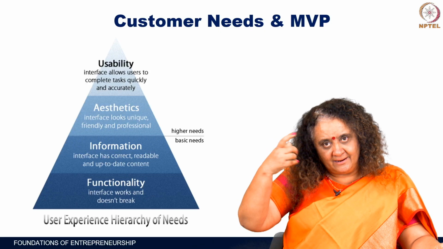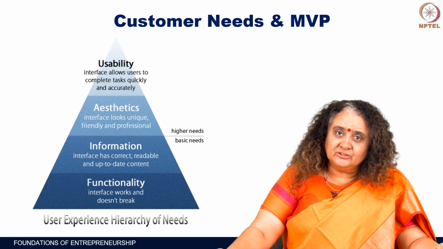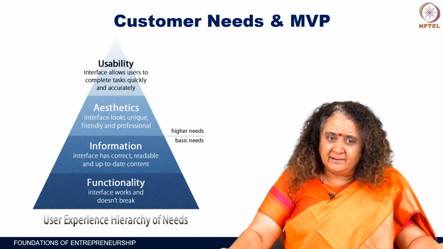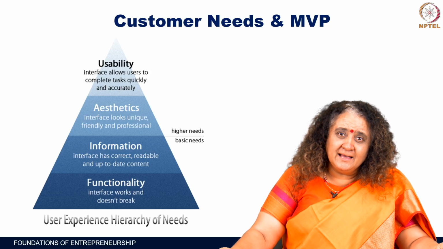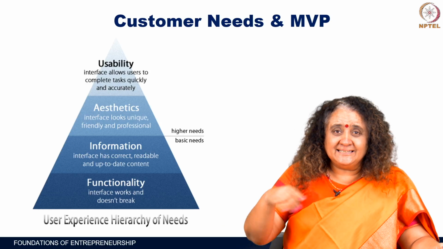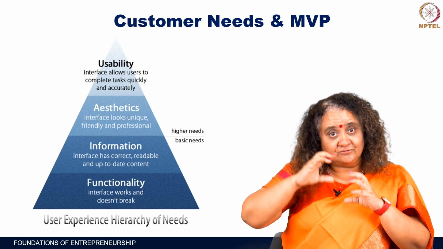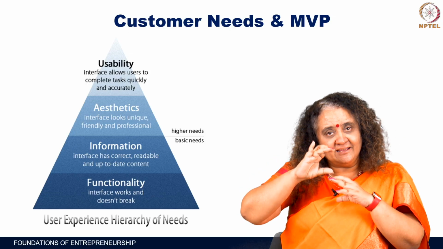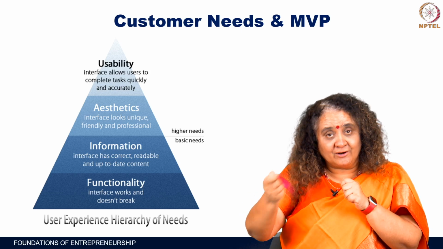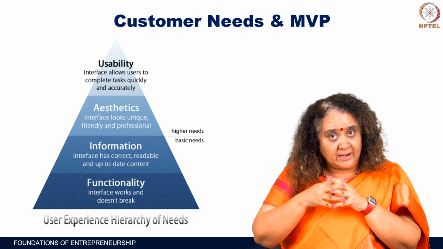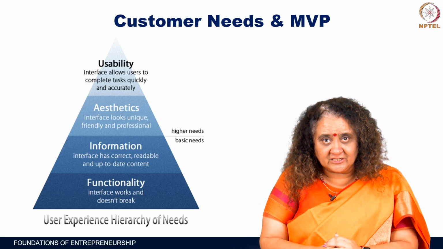The layer above it in the pyramid is information. So, the interface should be readable, it should be up to date as far as content is concerned. In MVP, aesthetics come next. So, functionality then form. So, first you have to build the functionality, then you have to build form, design, aesthetics, ergonomics, how it fits with your hand. All of that is form, and it is higher order than functionality.